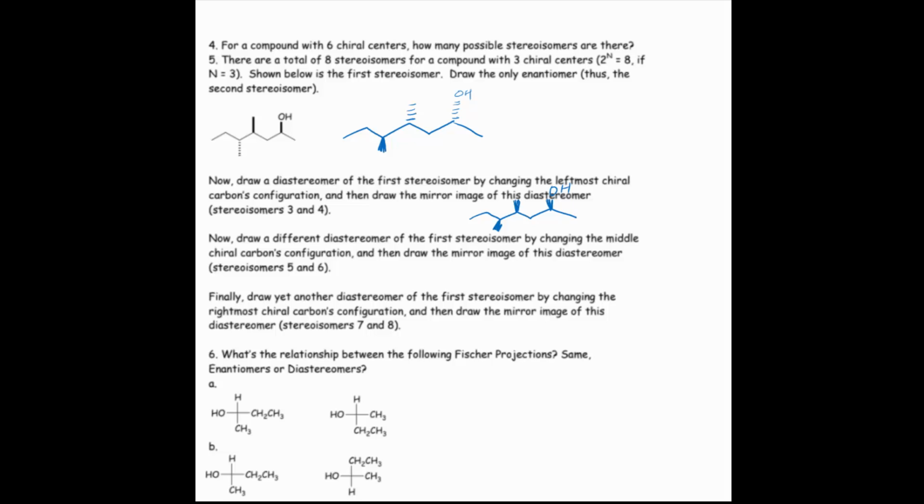Now we're going to draw a different diastereomer of the first stereoisomer by changing the middle chiral carbon's configuration. So I retain this one, and I change this one.